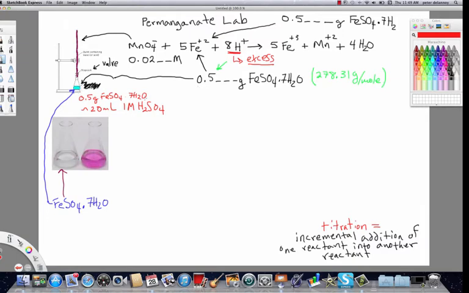When the student transfers this mass into the collection flask, shown here in the titration underneath the burette, they need to carefully rinse the grains of that salt into the collection flask, and I usually have my students do that directly with the sulfuric acid, and then they eyeball the volume up to approximately 20 mils.